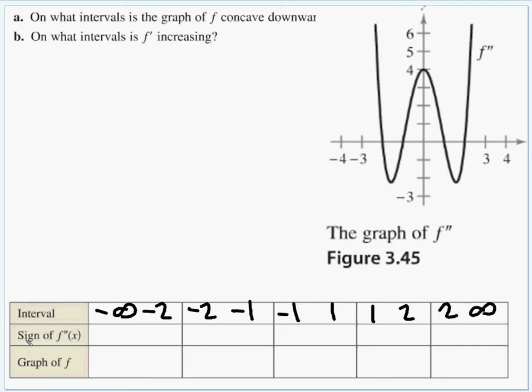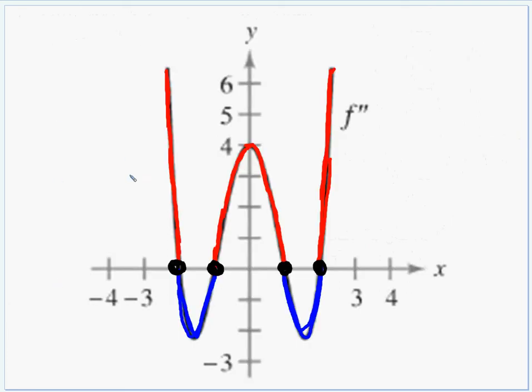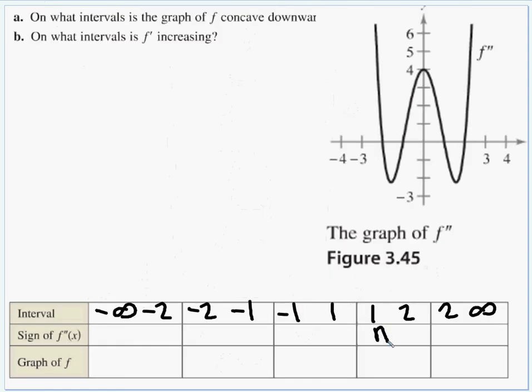And this next row is pretty simple. What is the sign of the second derivative? Well, the blue parts are where it's negative. So that's -2 to -1 and 1 to 2. But the rest of the graph is above the x-axis. So that's where it's all positive.